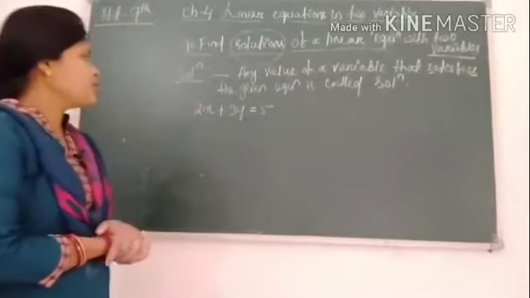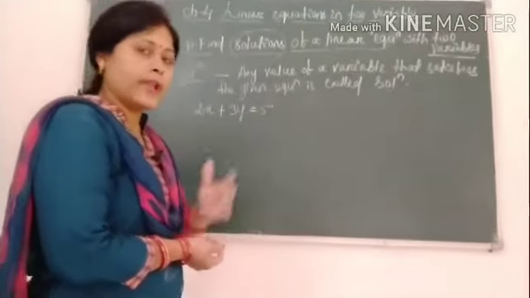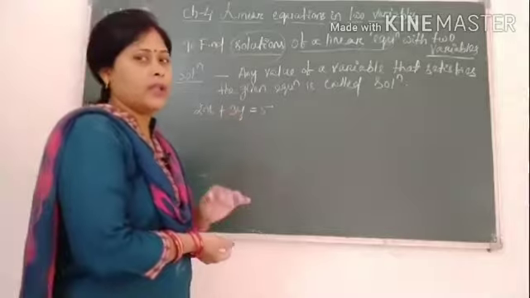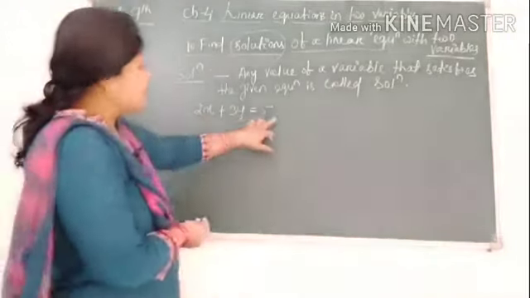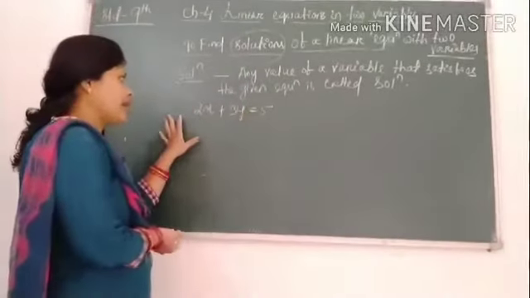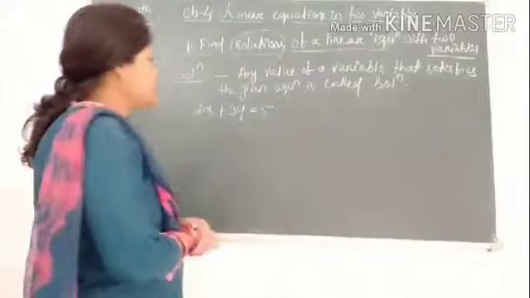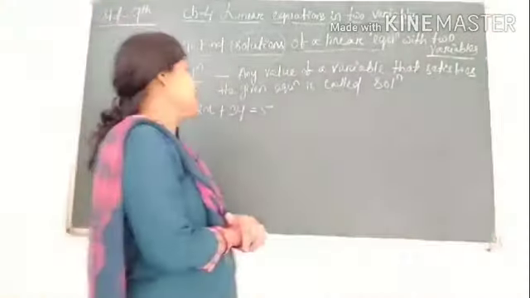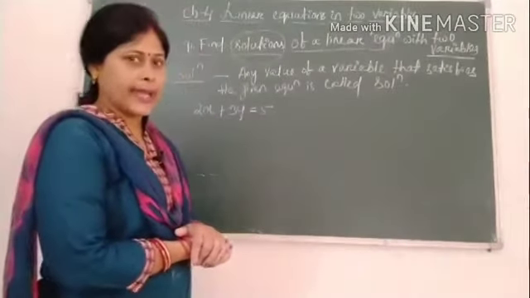Here we have to suppose something on x, then you will get y, or you have to suppose something on y, you will get x. Like this you have to find the solutions, and by representing this solution on your graph, you will get a straight line.